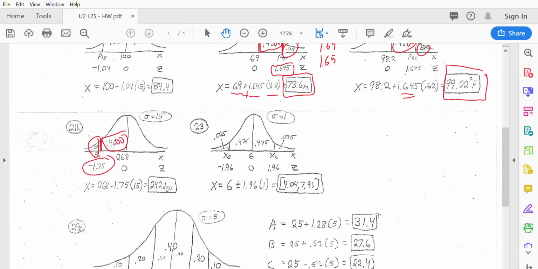And it's negative once again because it's below the mean. Z-scores are positive above the mean. Z-scores are negative below the mean. Don't forget to write a negative z-score below the mean. So I plug in negative 1.75 and plug in the rest. And a baby is premature if it is born in 242 days or less.